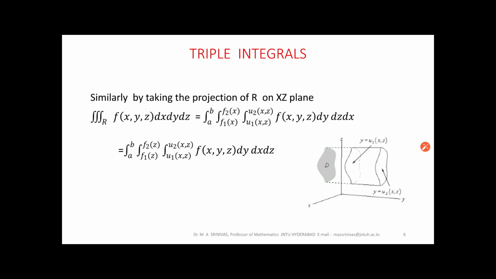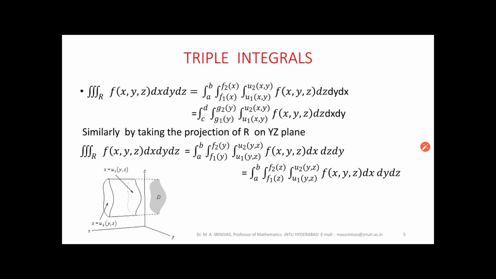After looking at these three, let us observe one important point. In the first case, these are the limits for z, and they are functions of xy, and the xy limits will be here.